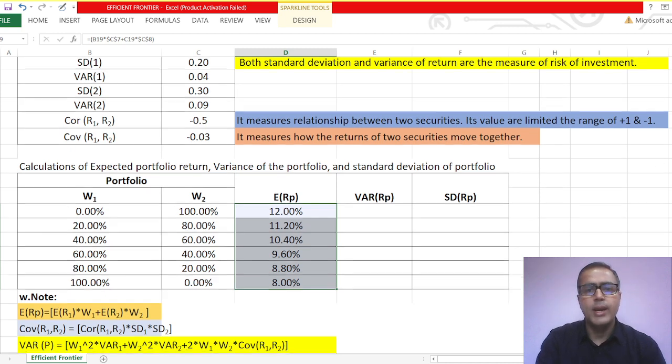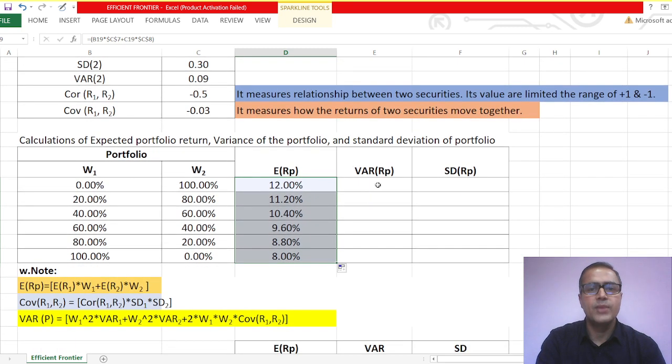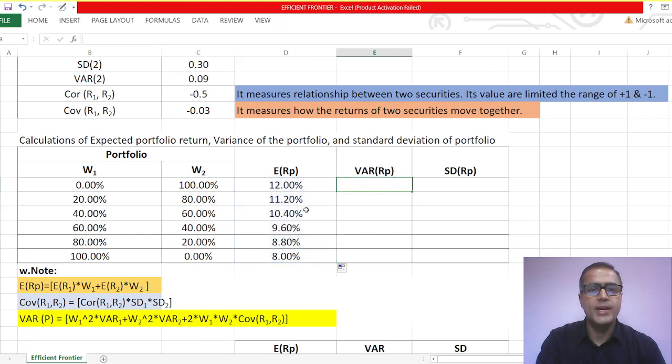Now again we need to estimate the variance. For variance we can take the reference of this equation. The first term is the proportion of investment in 1 squared, times the variance of 1, which I already found.